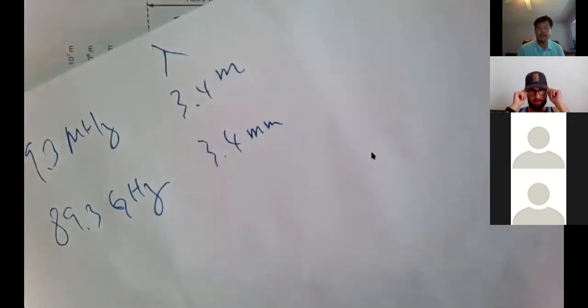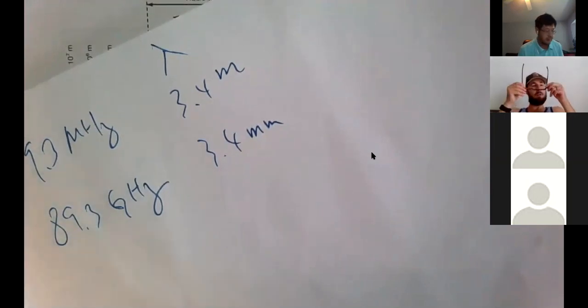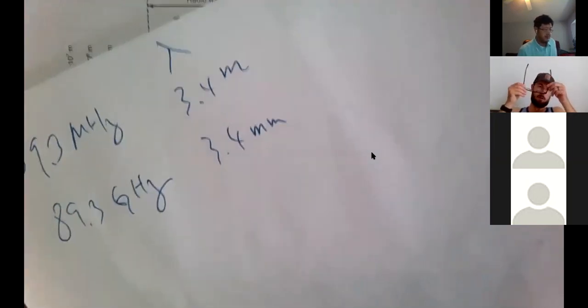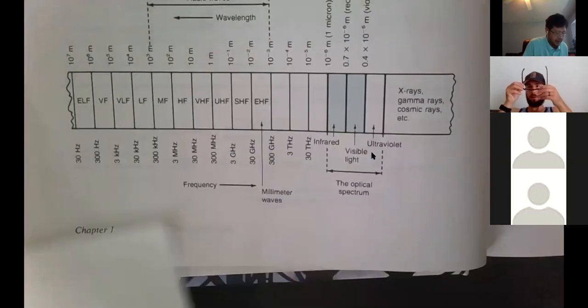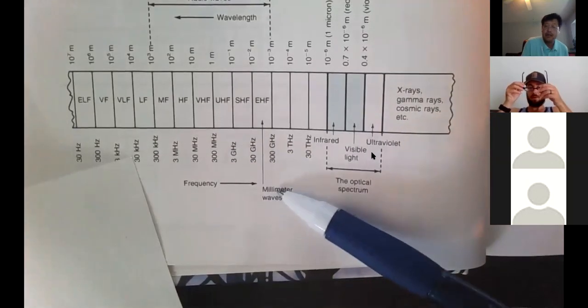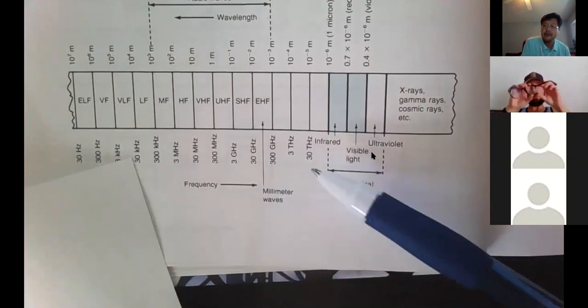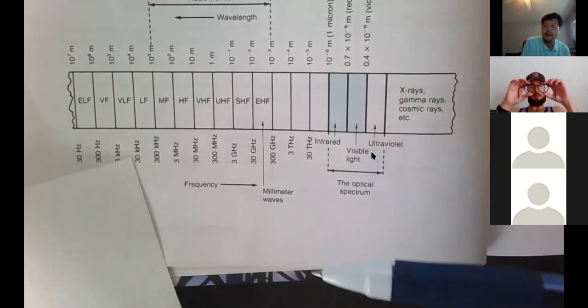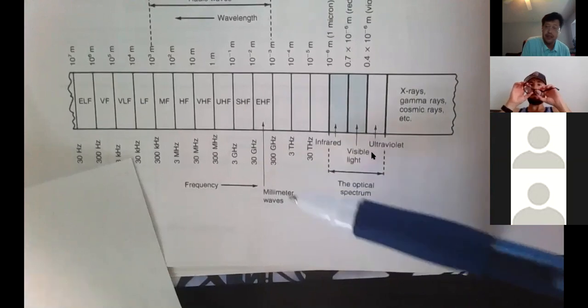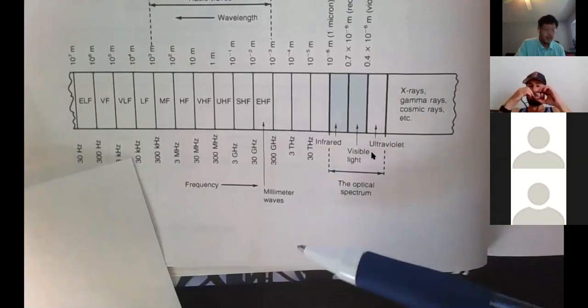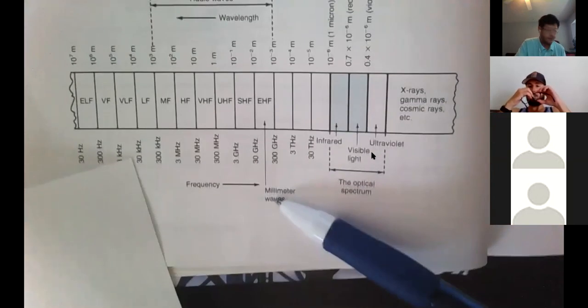We're talking about dozens of gigahertz. So millimeter. Why do we talk about millimeter? Because that's one of the frequencies 5G cell phone is using.